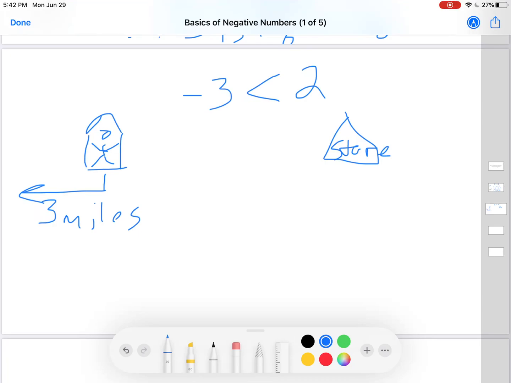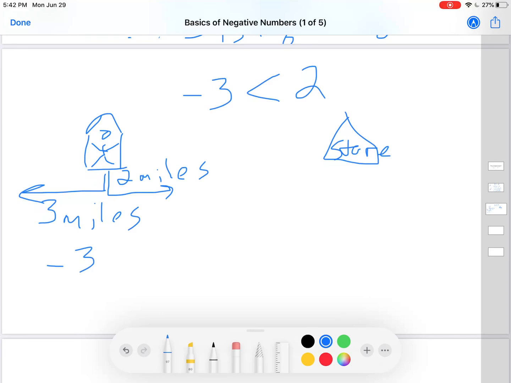Am I walking in the right direction? No. That direction would be -3. This would be standing for -3. So that's the wrong direction. That's why it's negative. Let's say that I go out of my house and I walk in this direction 2 miles. Is that the right direction? Yes, so that would be +2.